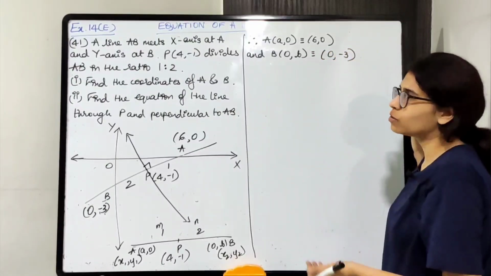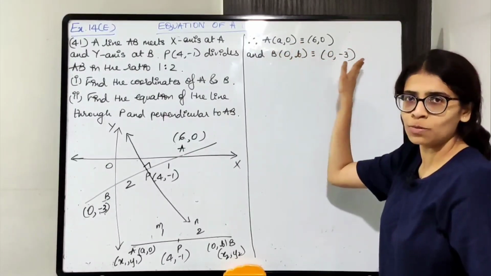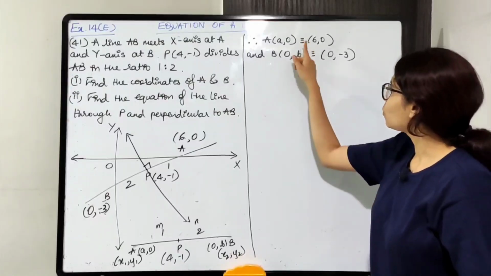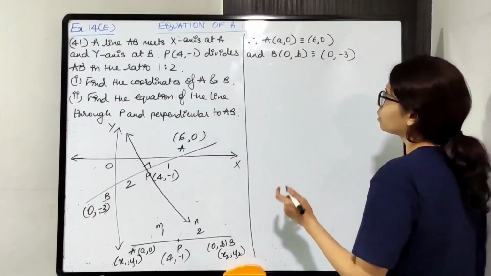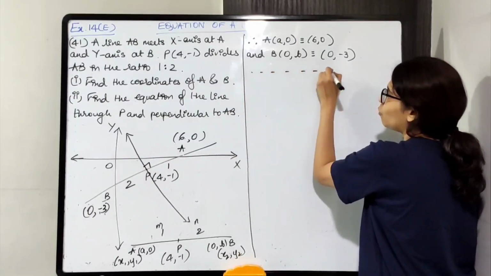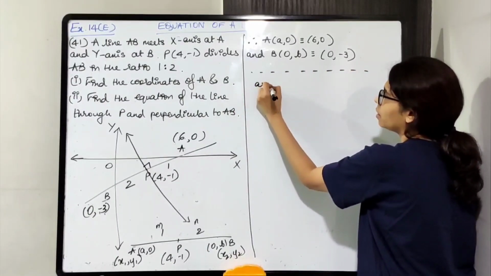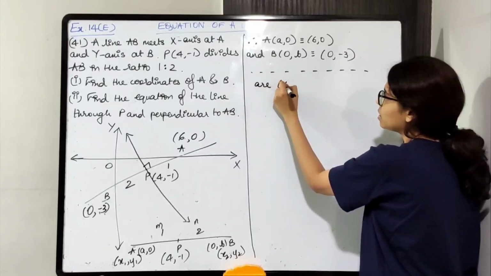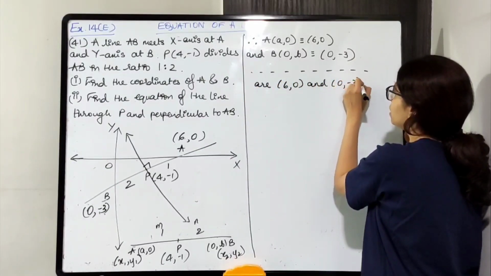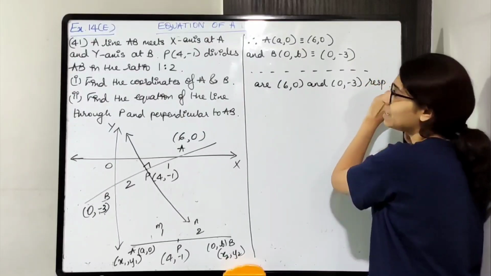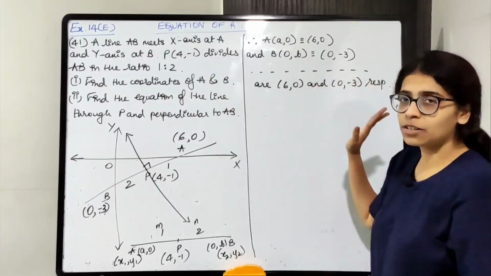Okay, all you have to do is put a का value and put b का value. So a and b का coordinates मिल गया. First part we solved. Write down the coordinates of a and b are, पहले a का coordinates लिखो 6 comma 0 and then b का coordinates 0 comma -3 respectively. Okay, don't forget the statement. So first part we got.